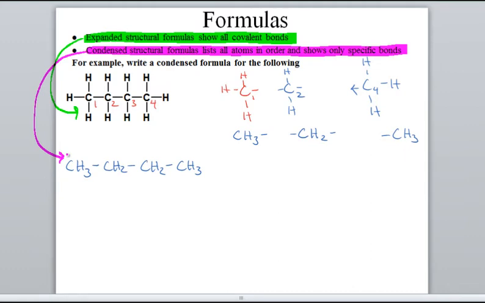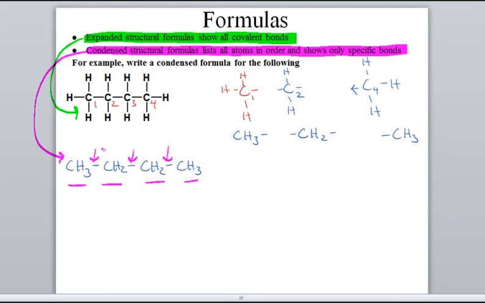There's actually quite a few different ways. In this particular way, you have all the carbons, and you're still showing the bonds occurring between the carbons. Another way to do it is still draw the C's and the H's and write how many there are, but don't put lines between them. Just assume that you know that there are bonds.